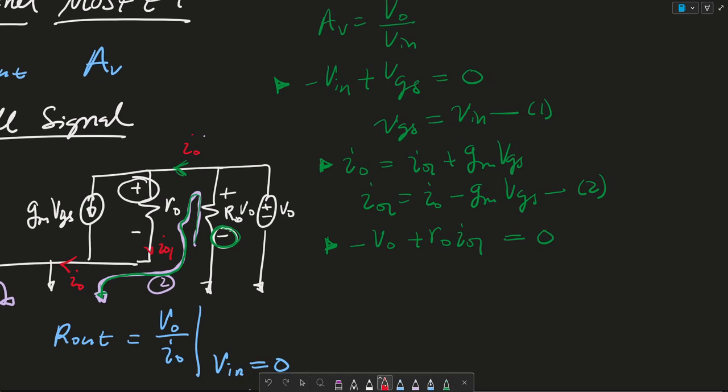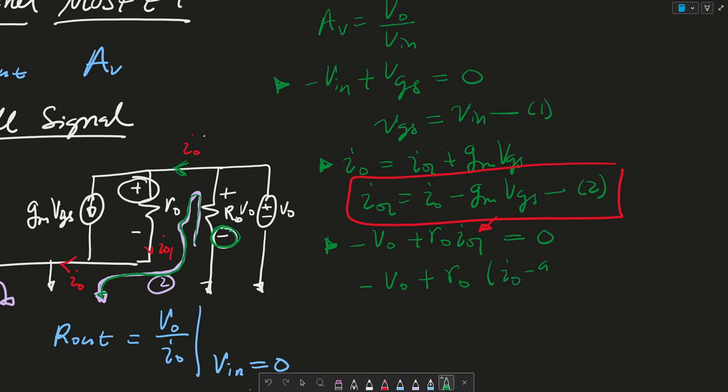So IO1, we know from equation 2, is IO minus GM VGS. So I'm going to go ahead and plug that in here. So I get minus VO plus RO times (IO minus GM VGS), which is equal to 0.